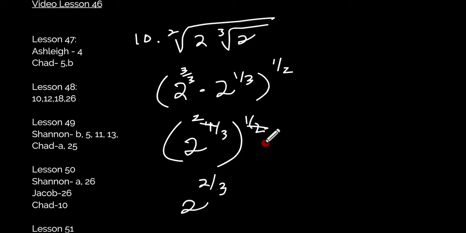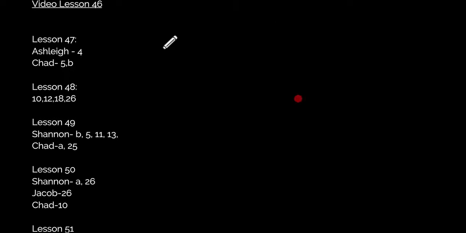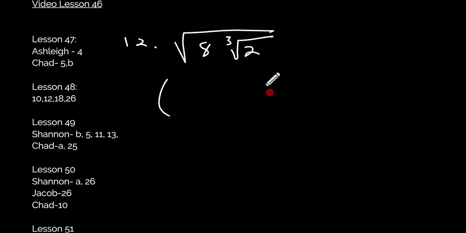Okay, number 12. Really similar. Number 12 is the square root of 8 and then the cube root of 2. So we're going to make these into fractions. Whatever's on the seat goes on the bottom. We're going to make these bases the same. It's a really important part of these problems.